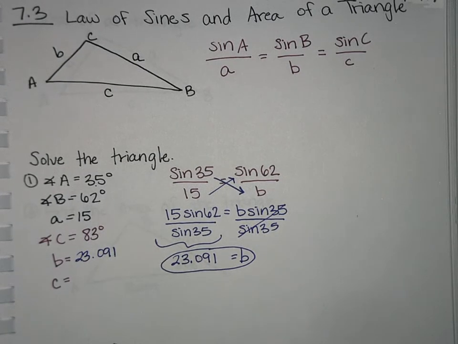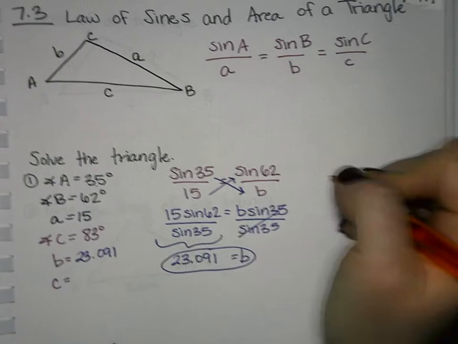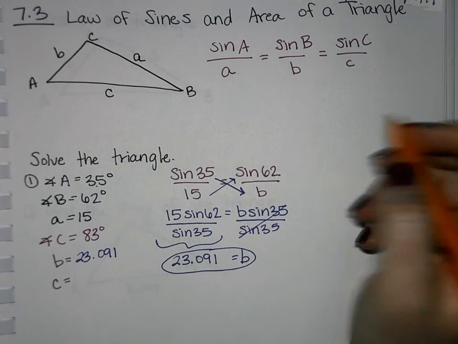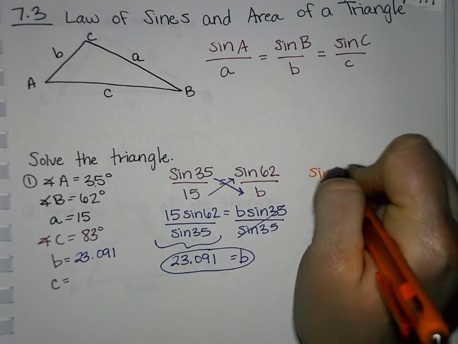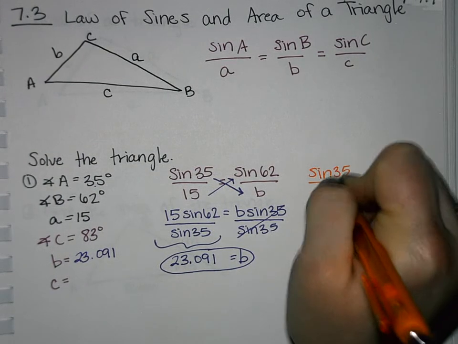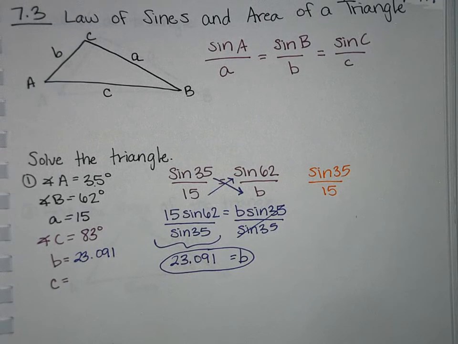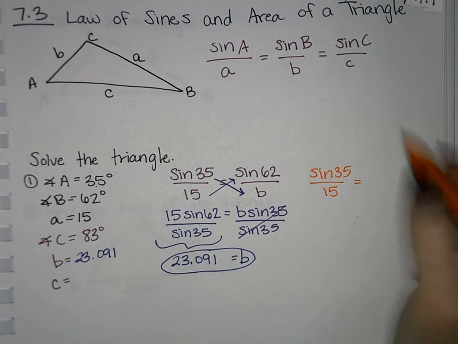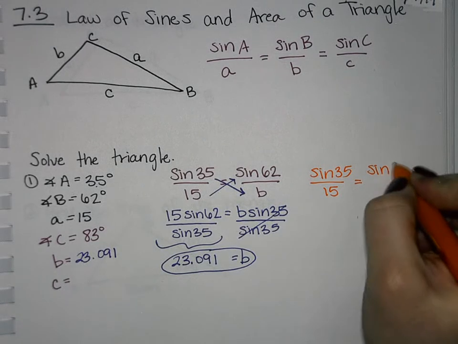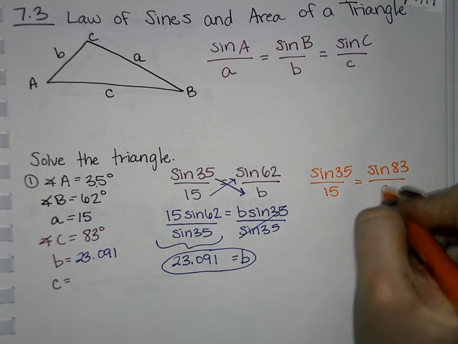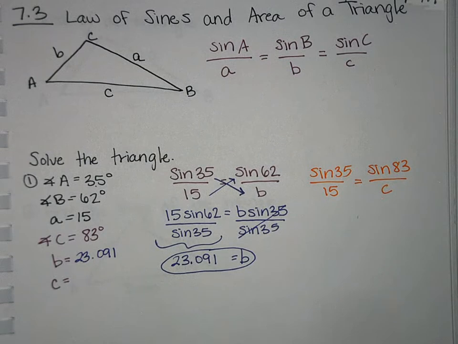So for C, what proportion are we going to set up? I would stick with using sine of 35 over 15, so stick with A since that was our given. But now I'm going to use my angle C that we found, 83, sine of angle C divided by side C, cross multiply and go through the same process.